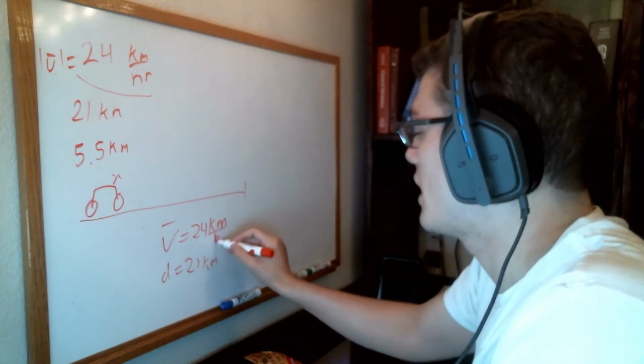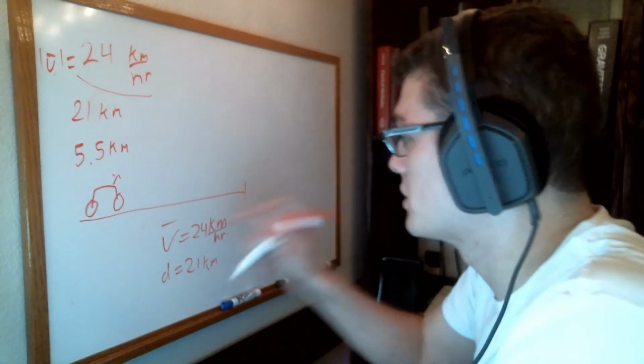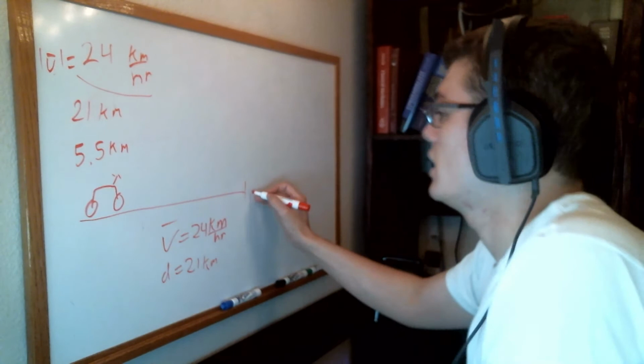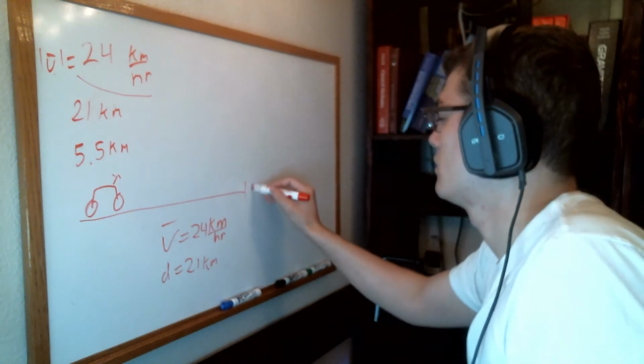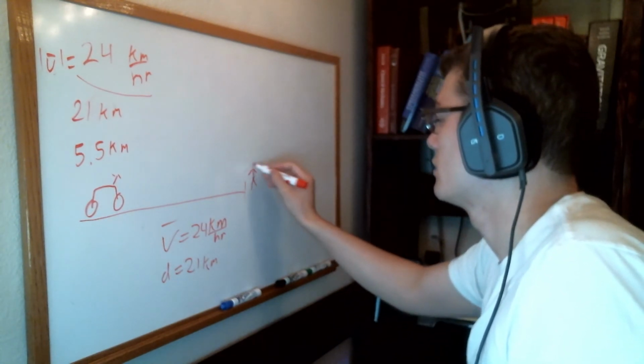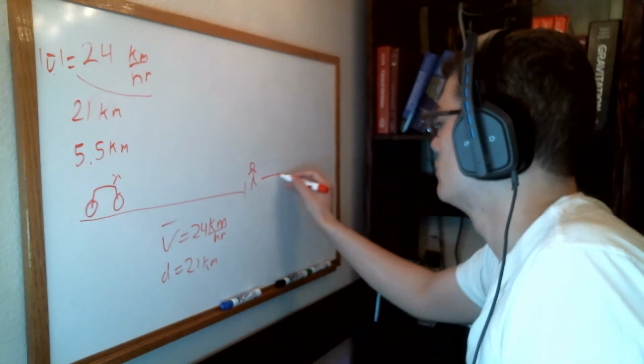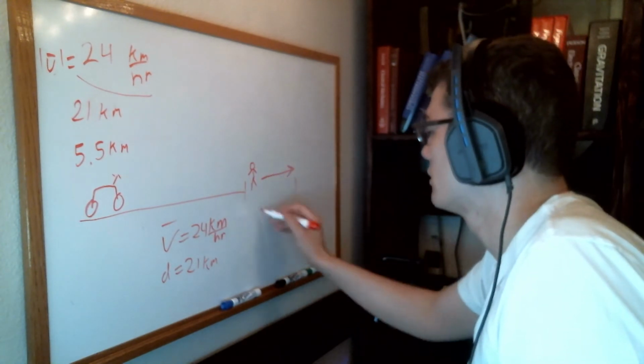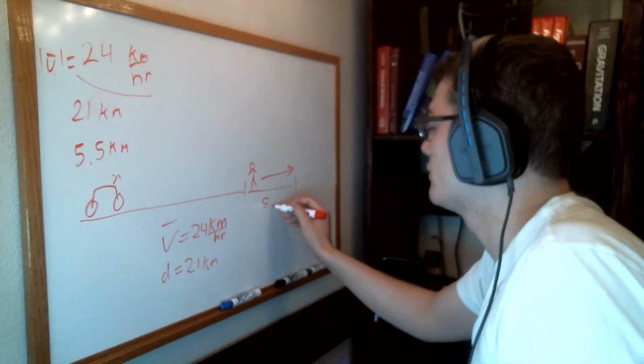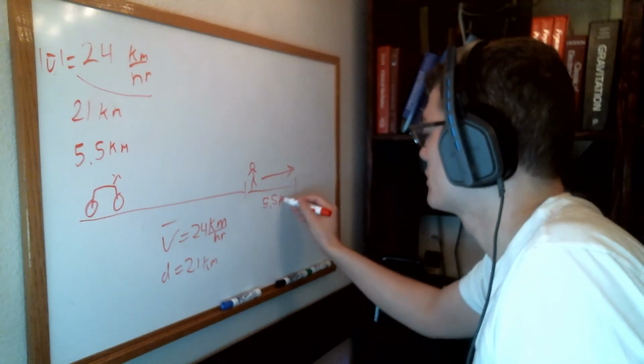This is the average speed of our bike over this interval. And then we have to walk. So on foot here, we have to walk another 5.5 kilometers.